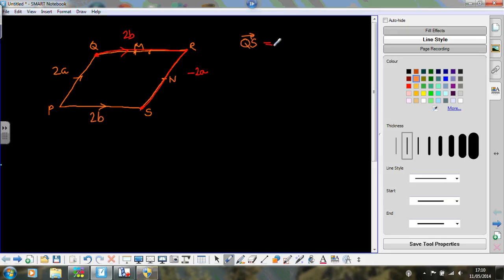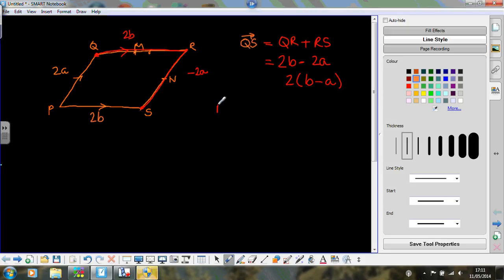So we could say that QS is equal to QR plus RS, and we can replace that with the vectors 2b and minus 2a. And if we wanted to, we could factorize it. So we've got two lots of b minus a for QS. There's only one mark for that because it is fairly straightforward and fairly obvious.